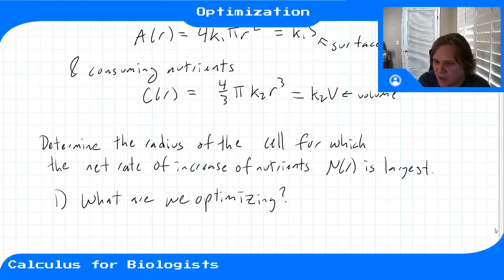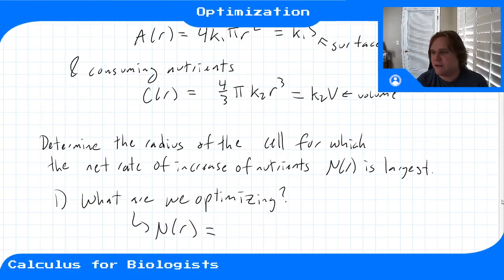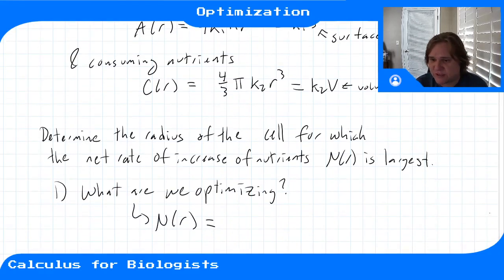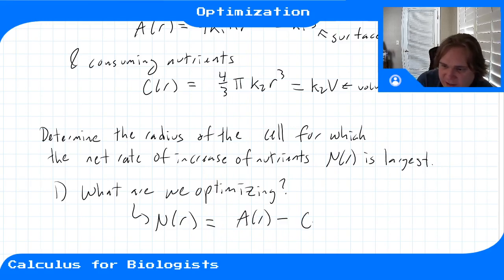So the function we're trying to optimize is N of r, and this net rate would be absorption minus consumption. We absorb nutrients into the cell and then we consume them, so the net increase of nutrients just sitting in the cell would be the amount we absorbed minus the amount we consumed.